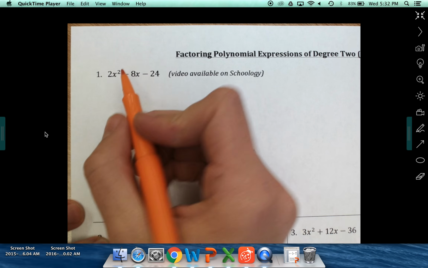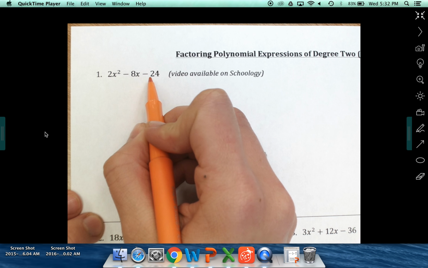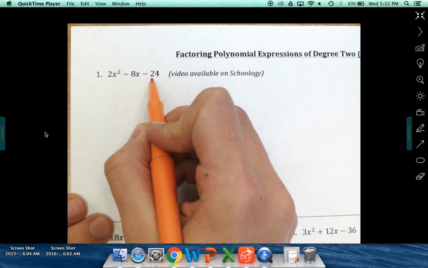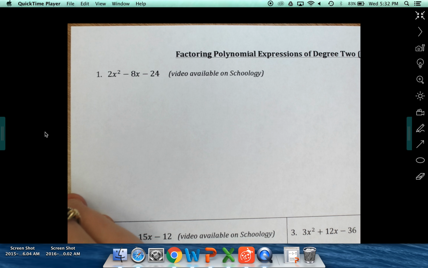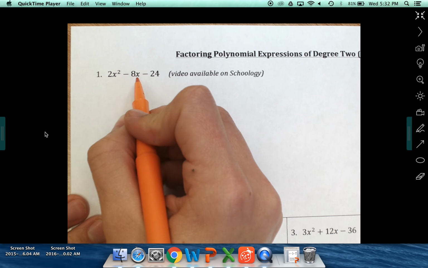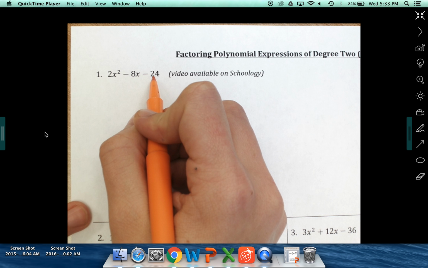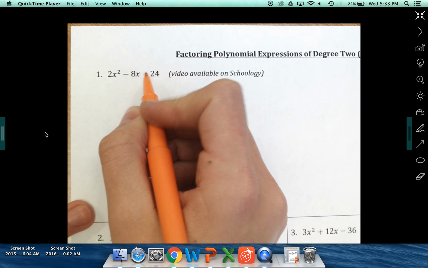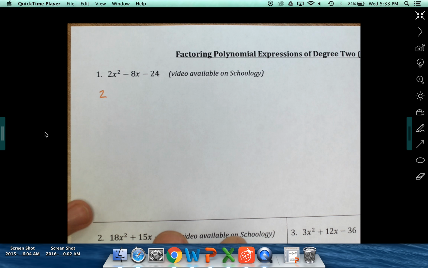Okay, so if we're looking at 2x squared minus 8x minus 24, I can factor something out of all three of these terms before doing anything else, right? So 2x squared minus 8x minus 24, 2, 8, and 24 all share a factor that is 2, okay?